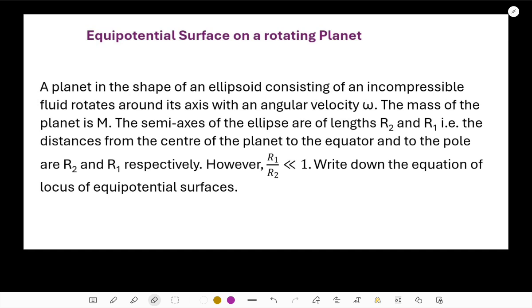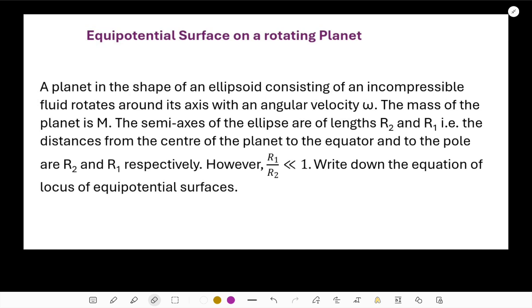So the statement of the problem is: a planet in the shape of an ellipsoid, consisting of an incompressible fluid, rotates around its axis with an angular velocity omega.